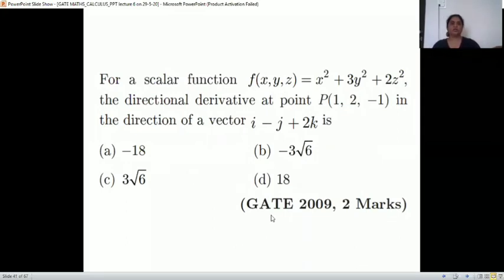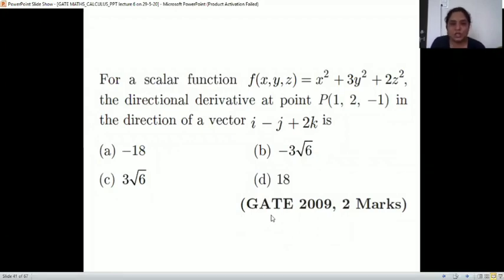Next question. For a scalar function f of x, y, z equal to x square plus 3y square plus 2z square, the directional derivative at the point P in the direction of the vector i minus j plus 2k is. So do you know what the directional derivative is?